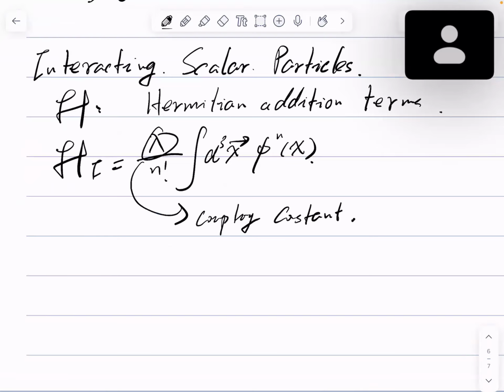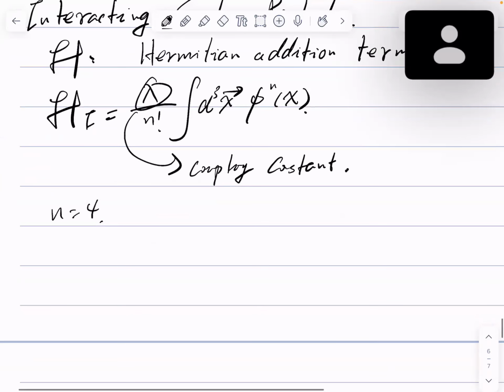If we consider the specific example for n equals 4, we can write down the Hamiltonian and Lagrangian immediately.